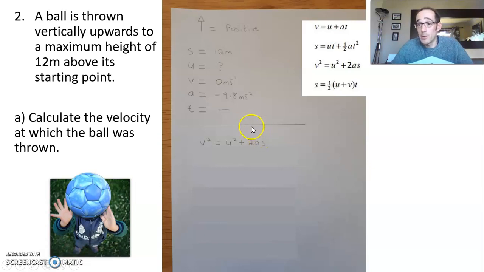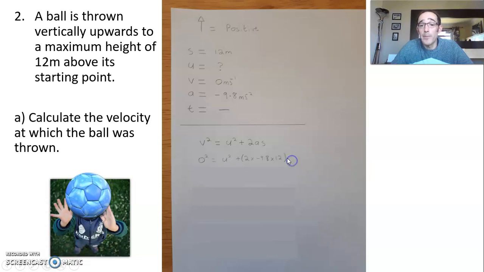If we then substitute the data into that equation, we get 0 squared equals u squared plus 2 times minus 9.8, minus is important here, times 12. So 0 squared equals u squared minus 235.2. And then if we add 235.2 to both sides, we get u squared equal to 235.2.